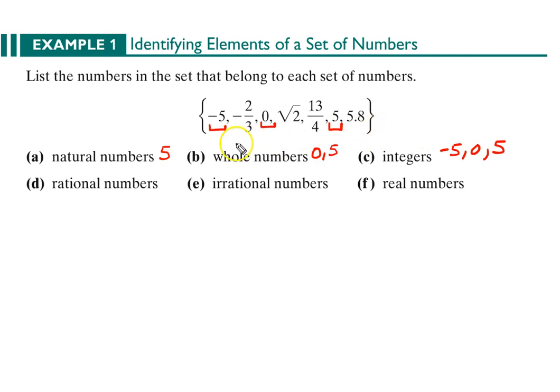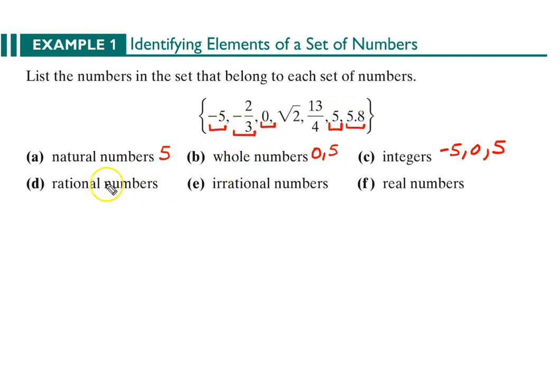Now, rational numbers. Well, it would be all that we have listed so far. 2/3, a negative 2/3 has a repeating decimal, so that's rational. Square root of 2, we said, was irrational, and this is also rational, because that would have a terminating decimal.